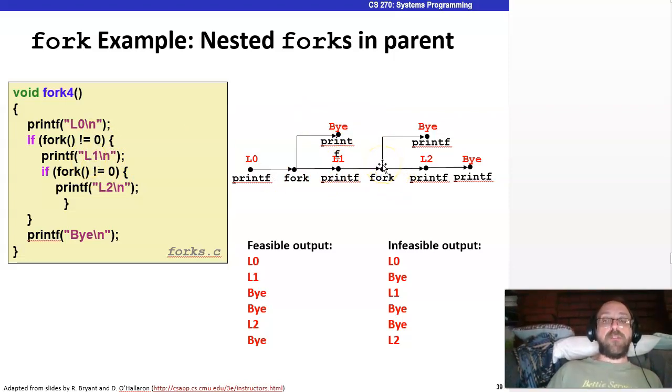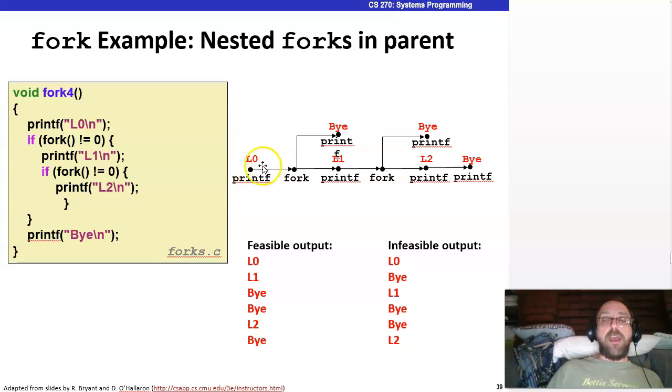That's again going to give us the parent process and the child process. The parent process, when fork returns non-zero, will print L2, then fall out of this if and print bye. And that second child process will itself print bye, because we didn't go into this if, and we just kept executing down here. So there are different orders of output we can get.